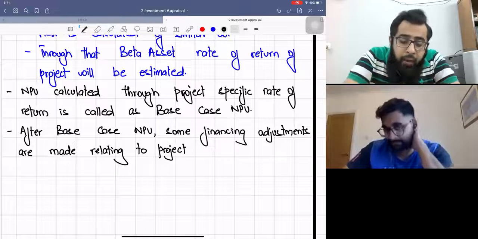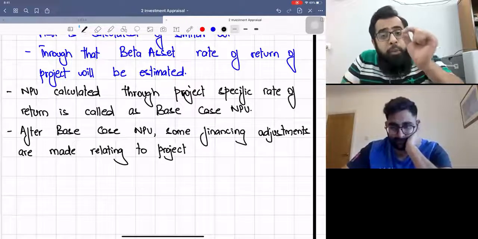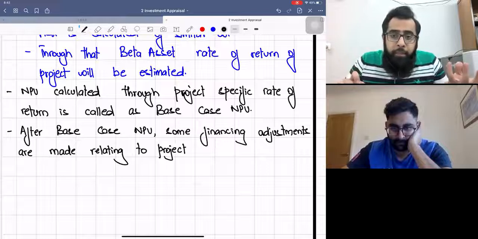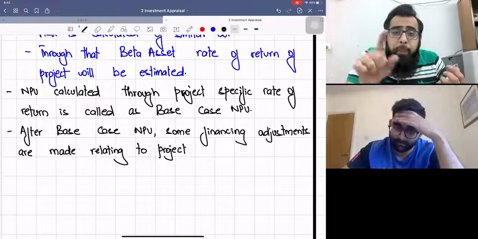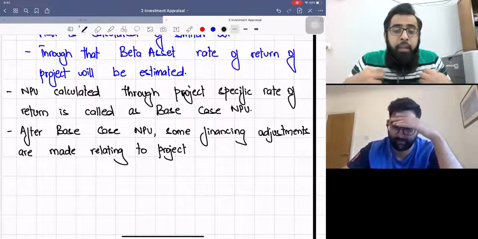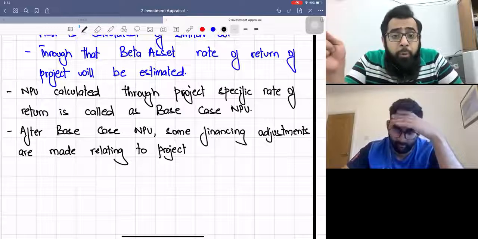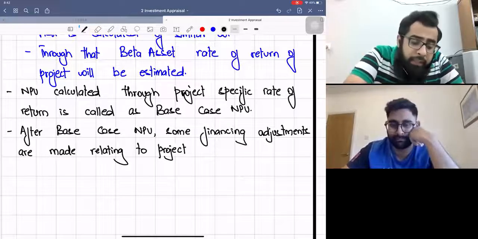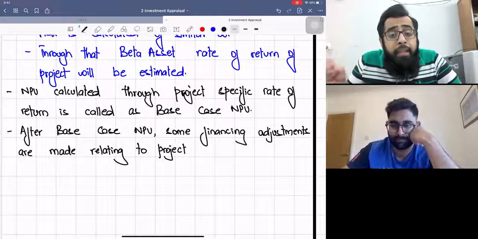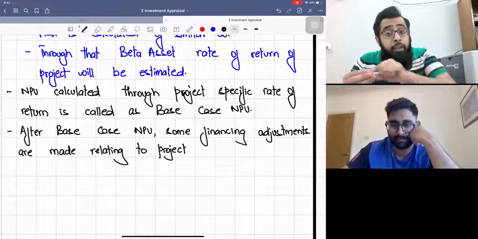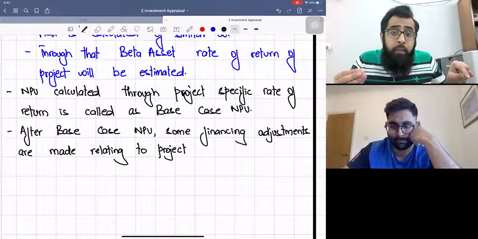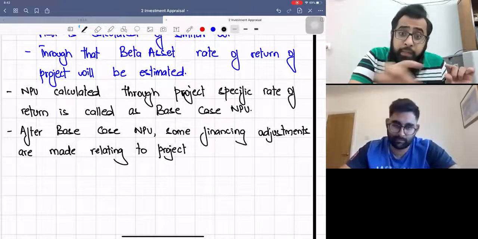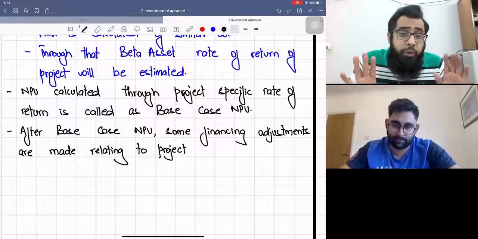Now the project has made one valid argument which you have to listen to. The project says that I earned a return and I paid that return to the company according to my risk. From that return, the company paid the debt holders and the equity holders from which it raised the finance. Now the concern is that if the company has taken debt due to this project, obviously the project will not pay any extra amount for the debt holders because the project has paid the return according to its own risk.